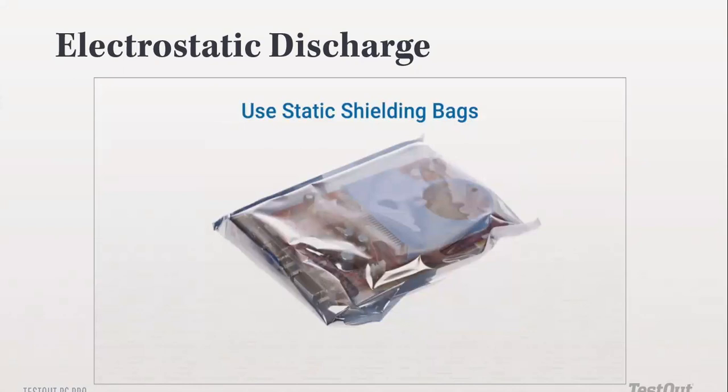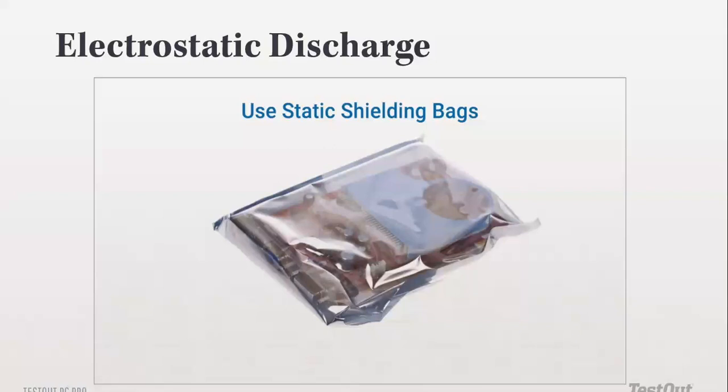In order to avoid electrostatic discharge, there are some particular types of bags that you can use to store your electric components in. We call them static shielding bags. So if you have, let's say, your network interface card, your RAM module, your hard drive, or even anything that has chips or components that can be easily damaged by the least amount of electricity, when you want to keep them, you can put them inside these bags.